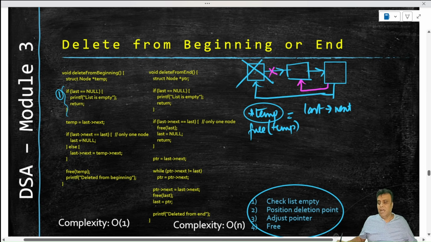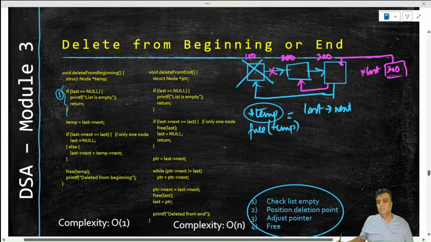So this last element's next is what we need to adjust. Why? Because what is my last element? I did not point the last element. So let us say my last is here. Let us say this was 100, this was 200, this was 300. So this 300 is pointing here. So that was my last element, right?